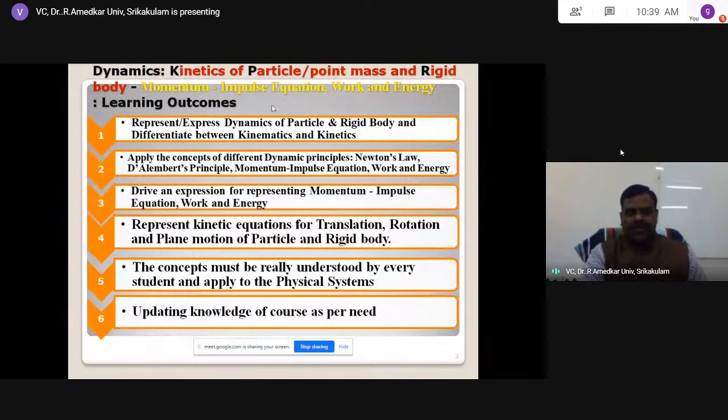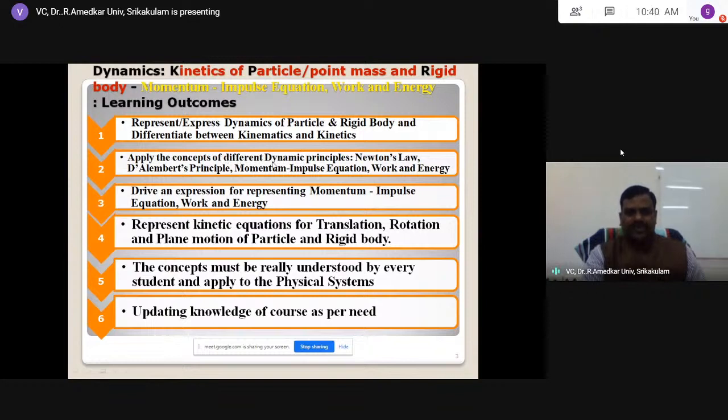Momentum impulse, work energy: what are the learning outcomes generally we try to represent. We have to represent or express dynamics of a particle and rigid body, and we already differentiated between kinematics and kinetics, that we have to keep in mind when we are solving any problem.